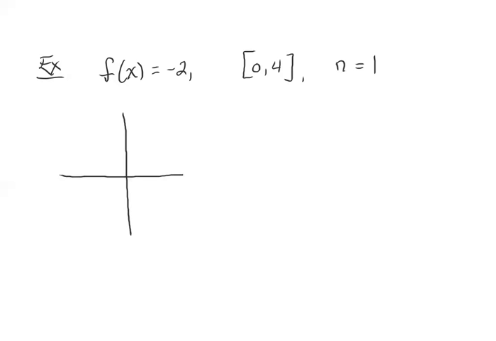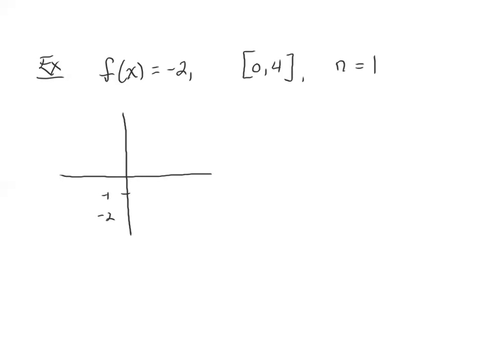Let's do a simple one. Let's say f of x is equal to -2, and let's consider it on the interval from 0 to 4. And let's just go easy. Let's let n equal 1, so let's only divide that up into one rectangle. So I'm going to graph this function. f of x is equal to -2.